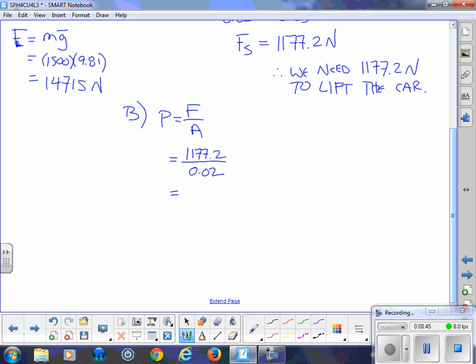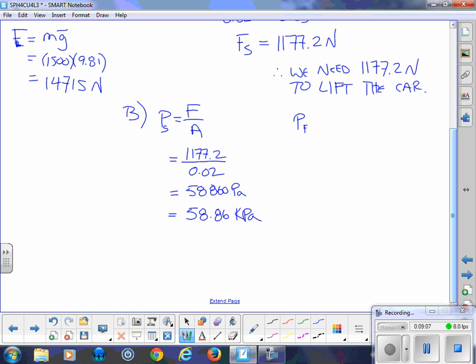So this is the pressure that's on the oil inside the system. We find it to be 58,860 pascals, which is 58.86 kilopascals.